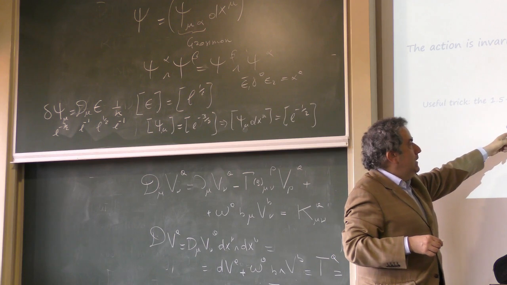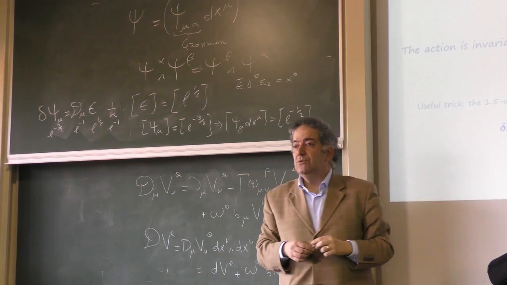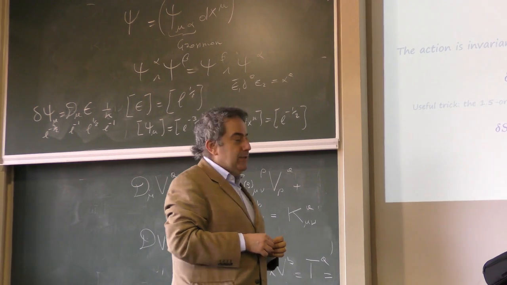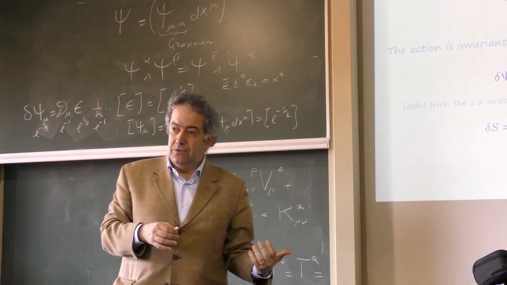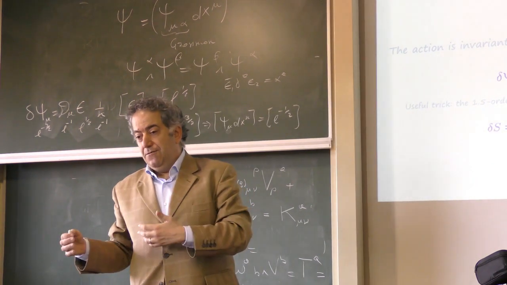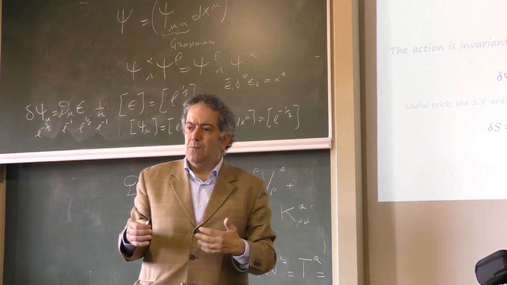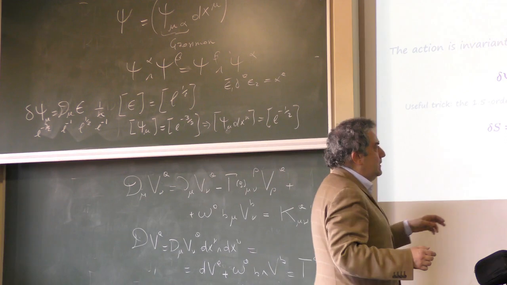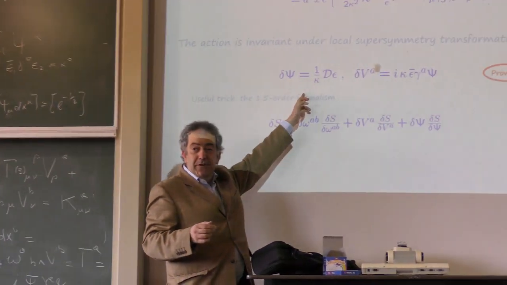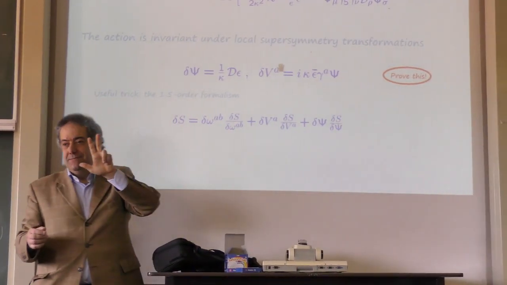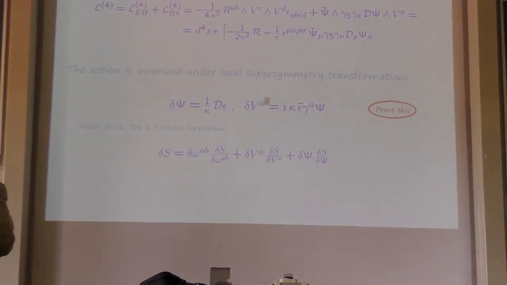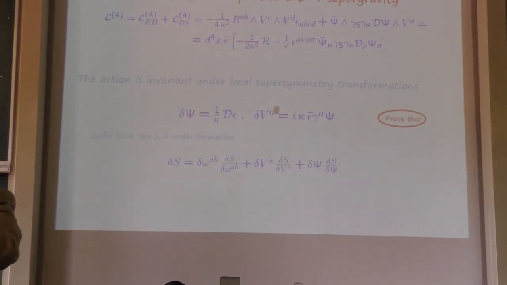So what you do, you vary the action with respect to the various fields. Now you can do this in the second order formalism or in the first order formalism. In the first order formalism, you would have to work out the supersymmetry variation of all the three fields which are independent: V, psi, and omega.